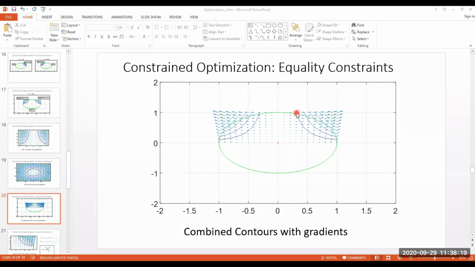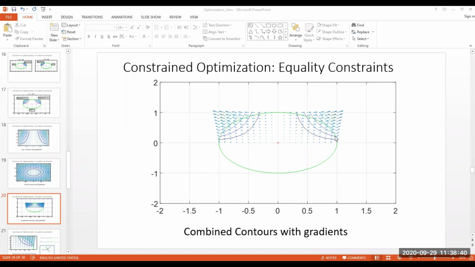This is one point where I have intersection. The equality is satisfied. Similarly, at this point, it is satisfied. This point, it is satisfied. There are several points where it is satisfied. But can you find out what is the maximum point?